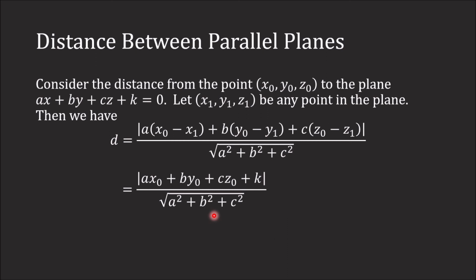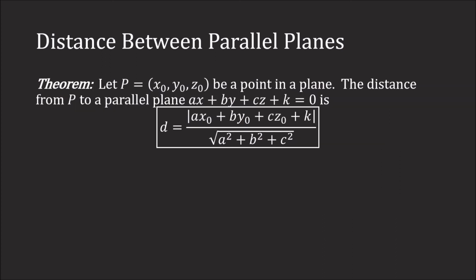Let me go ahead and write down what k is. Right, so k would be negative ax1 minus by1 minus cz1. And so this is the distance between planes.